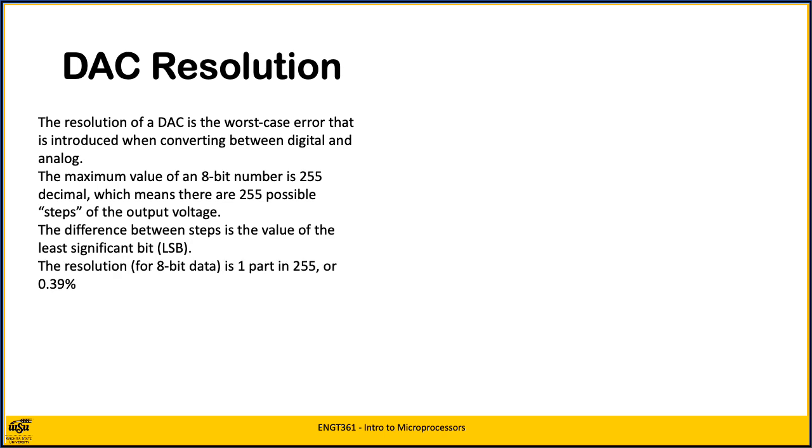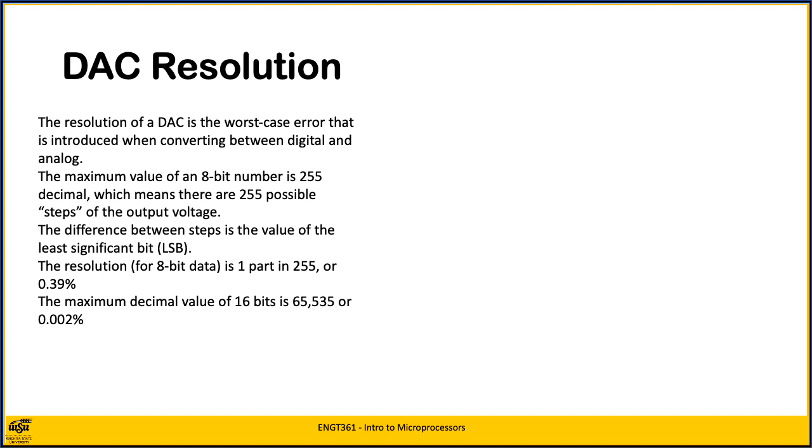Because the smallest increment is 1 step, the resolution for 8-bit data is 1 part in 255, or 0.39%. This resolution is adequate for many applications, but if more is needed, 2 or more 8-bit ports can be used together. 2 ports provide 16 bits of data.